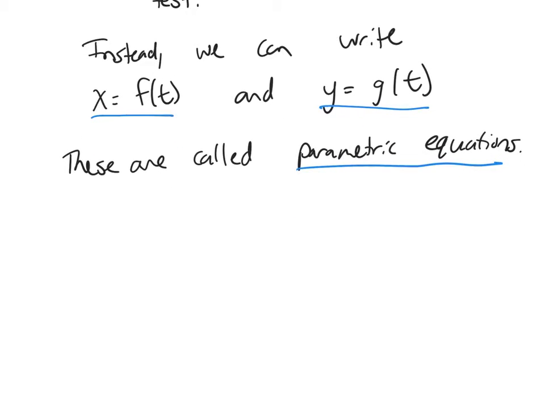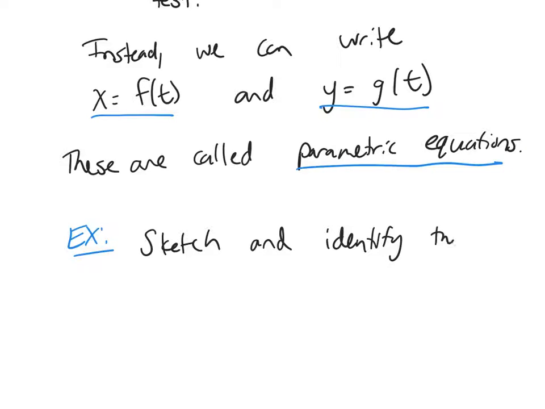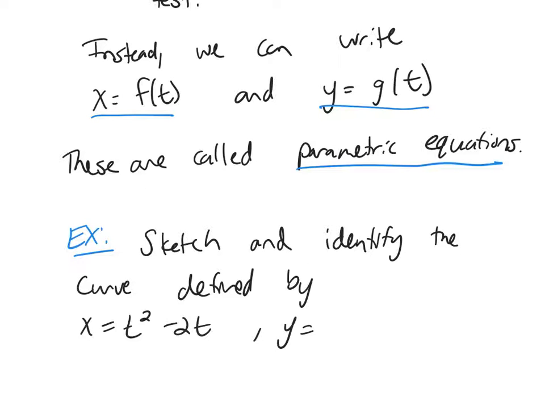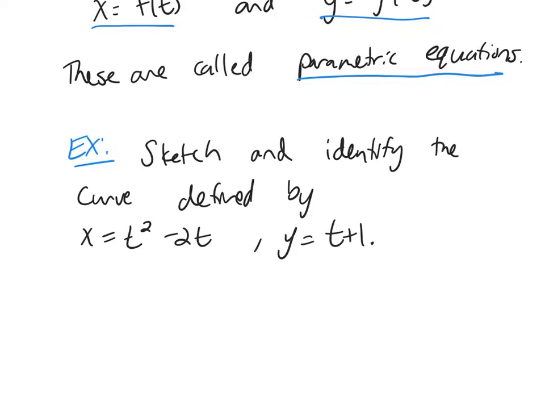So now we want to sketch some parametric equations. So let's look at the following example. I want us to sketch and identify the curve defined by the equations x equals t squared minus 2t and y equals t plus 1. So again, go back, think about plotting points.